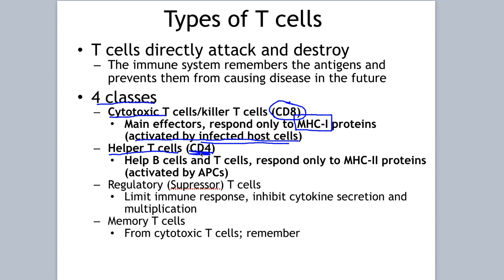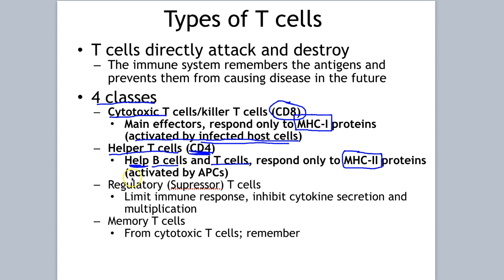They can secrete all kinds of chemicals that attract other T cells and B cells and even macrophages to an area where there is an infection. So they can secrete lots of chemicals that tell other white blood cells what to do. And they're essentially helping the B cells and the T cells. Okay, so they're helpers. And these guys respond only to MHC2 protein. So we're going to look at that as well.